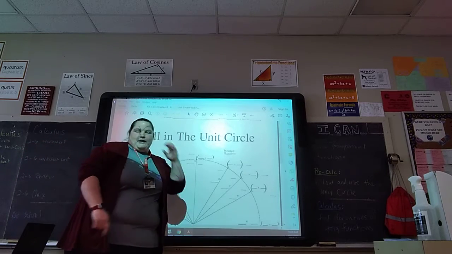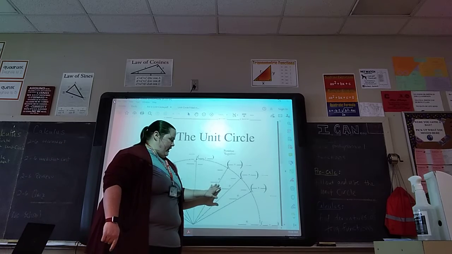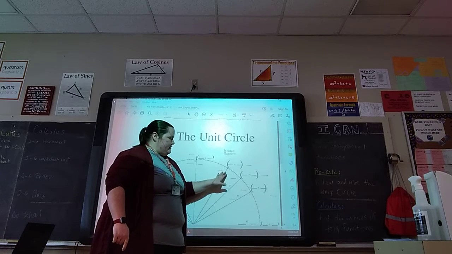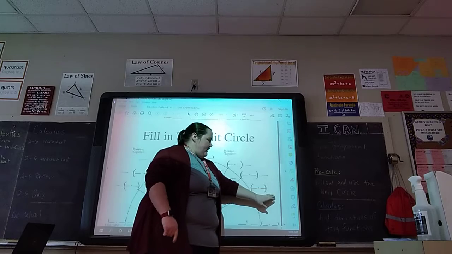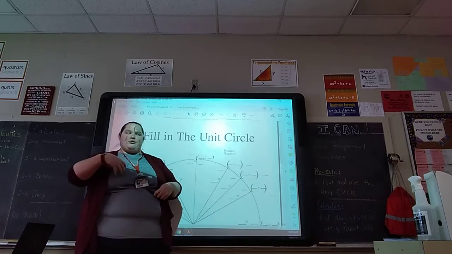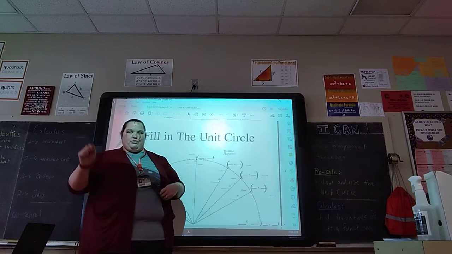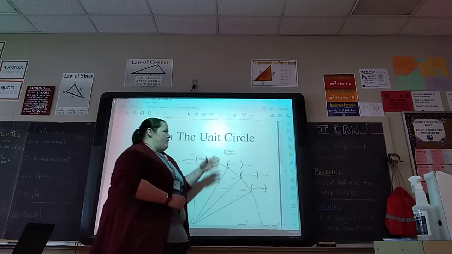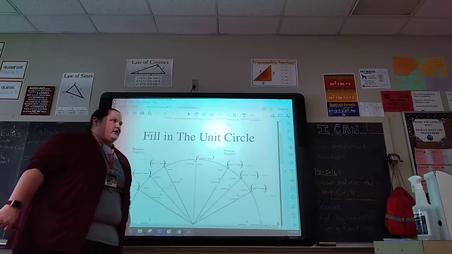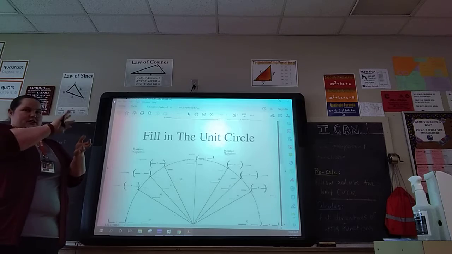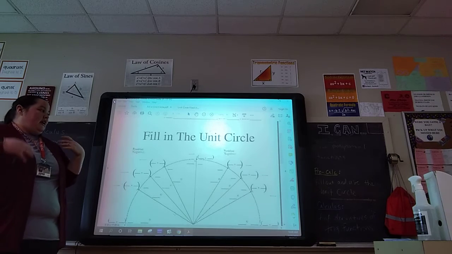So these are the most common angles that we use. So we're going to fill out the degrees. This one's going to be the radians, and then each one of them has a certain value that's related to it. So instead of having to figure them out each time, what we did is created a unit circle handout so that we can use that to help us look up certain values that we need in the future.